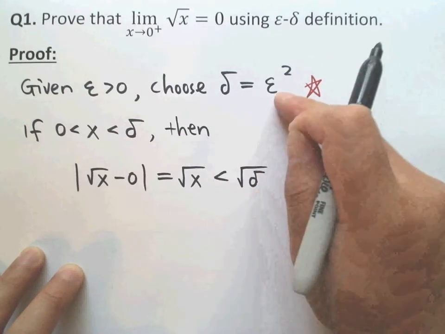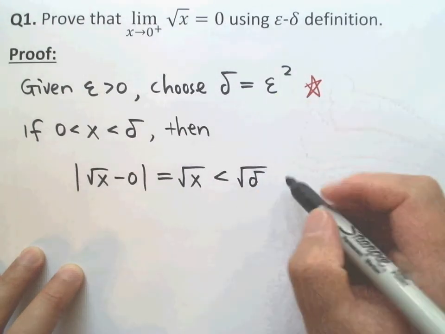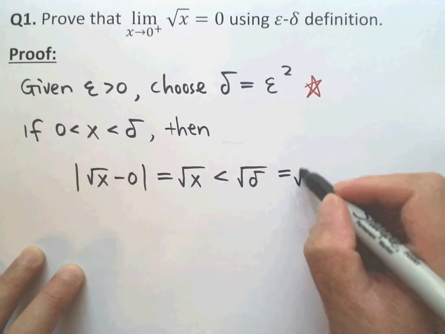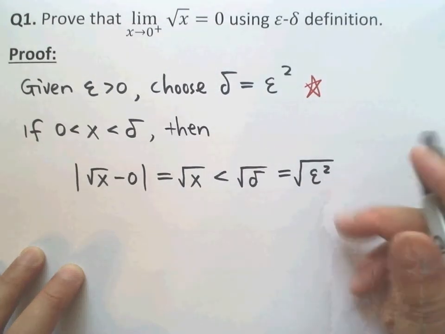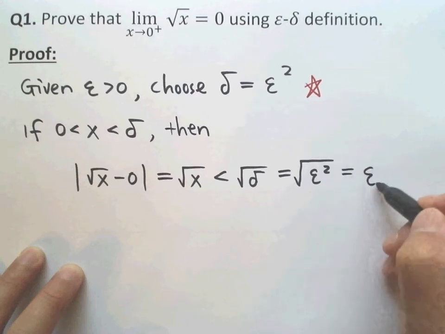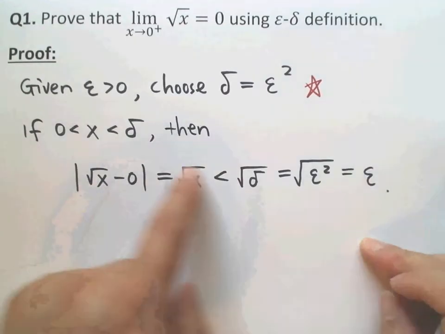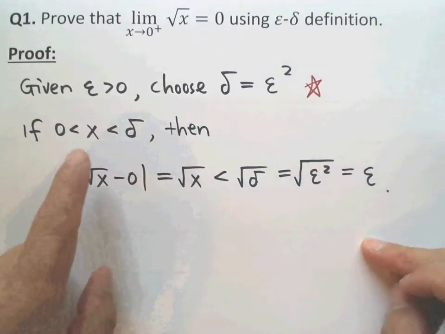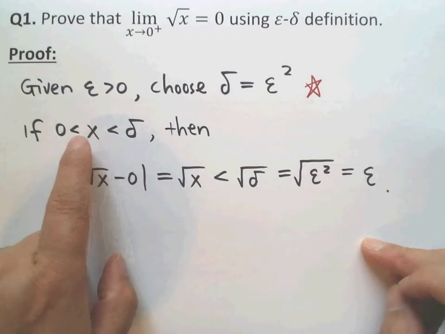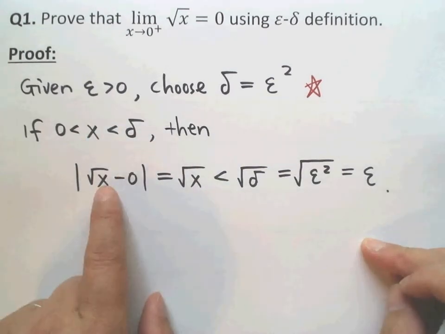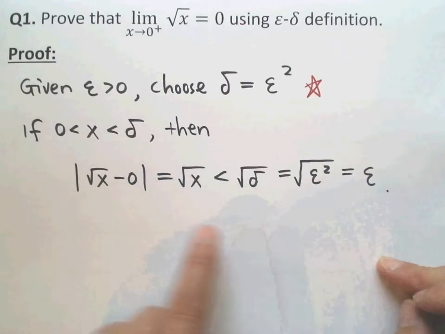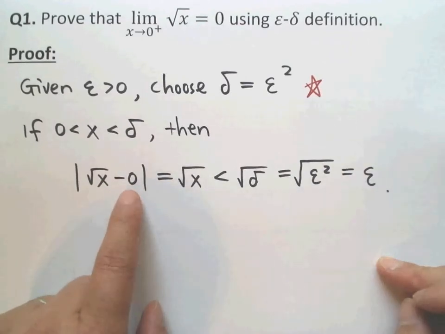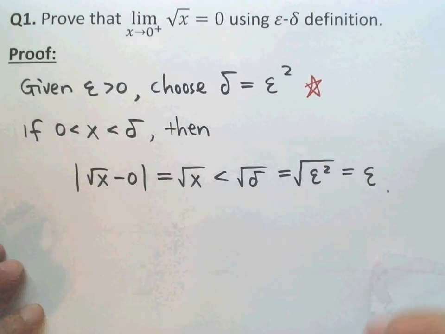Because delta is epsilon square, I plug in. So it's the square root of epsilon square, and then simplify. This is epsilon. So this is the statement: if x is going to the delta neighborhood of 0 on the right side, then the function f is going to the epsilon neighborhood of 0, which means the epsilon delta definition, right?